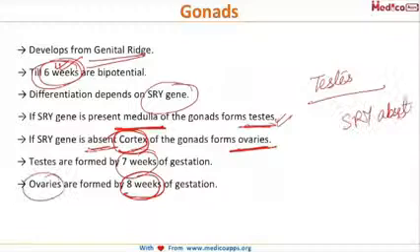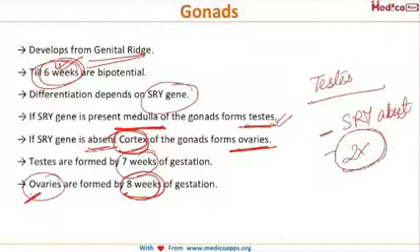Now here I would like to add one more thing, that for the formation of proper ovaries, the SRY gene should be absent, and along with this, the 2 X chromosomes should be present. Now why I am telling you this, because in Turner syndrome, 45XO, one X chromosome is missing, and so in these individuals the ovaries that are formed are streak ovaries.